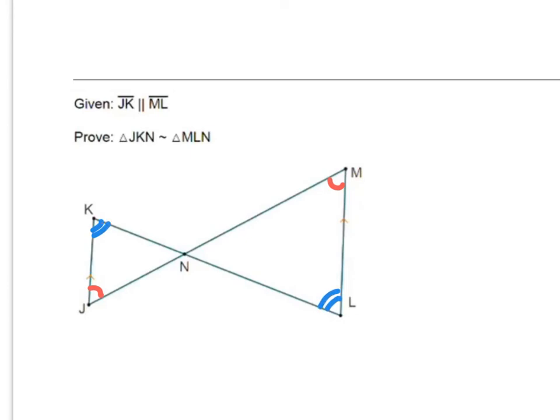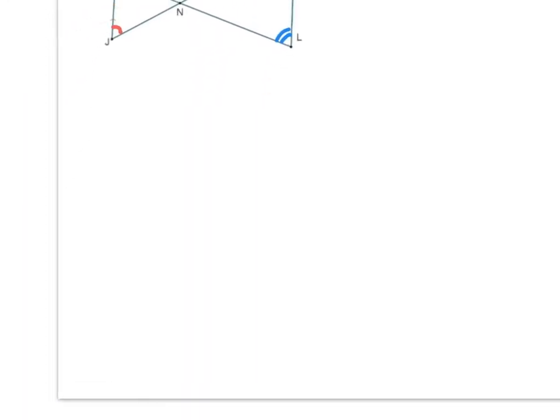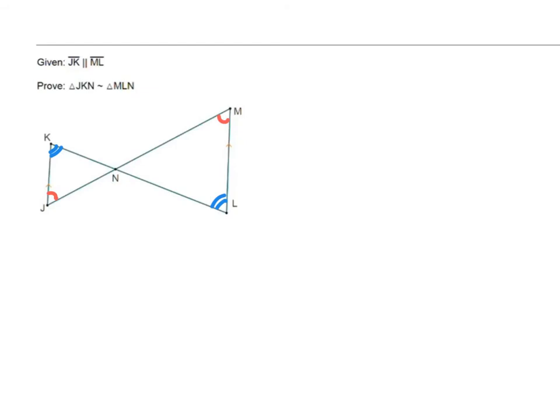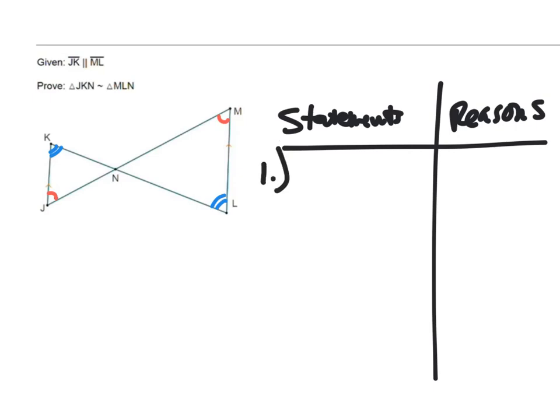Now that I have two pairs of angles in two different triangles that are congruent, I know that they are similar due to angle-angle similarity. So I'm going to write out my statements and my reasons. First statement: JK is parallel to ML.